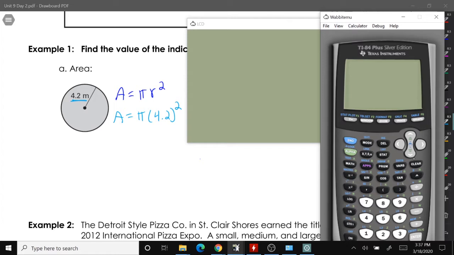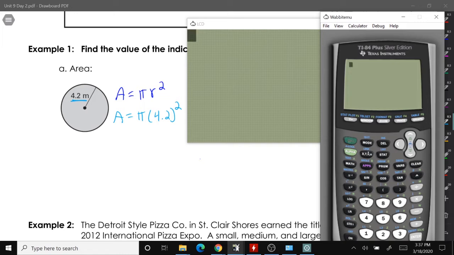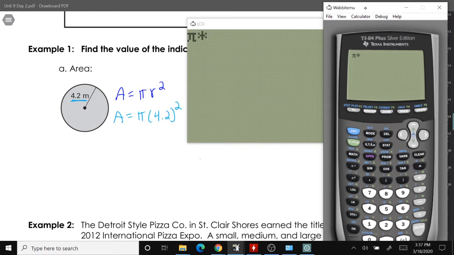Okay, so we do pi times 4.2 squared. That is how you get the correct answer.